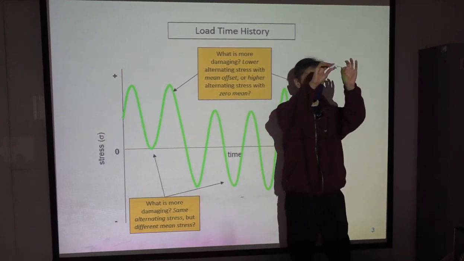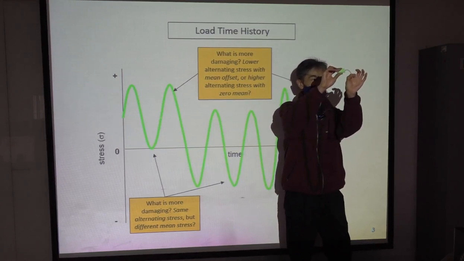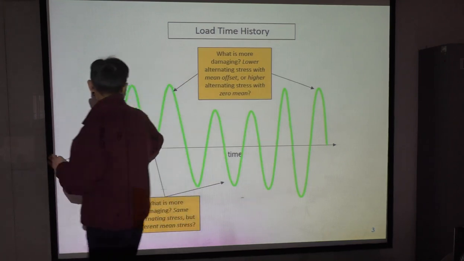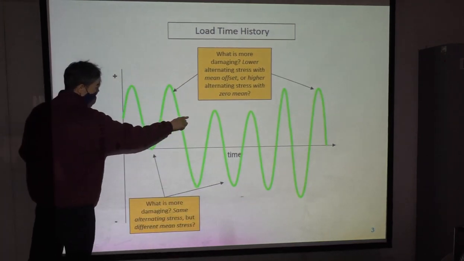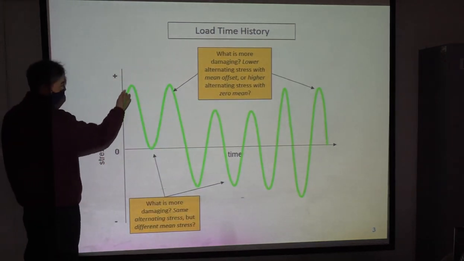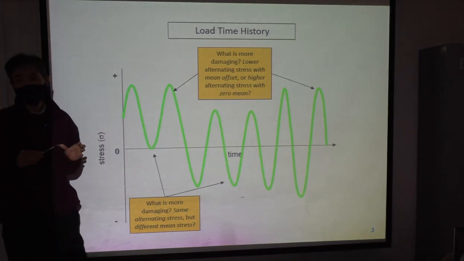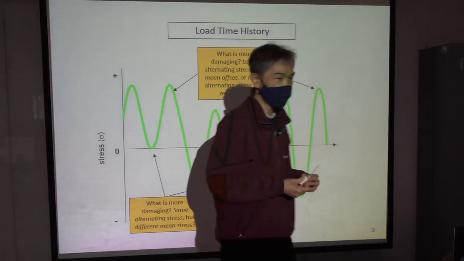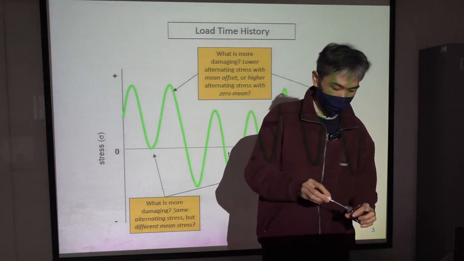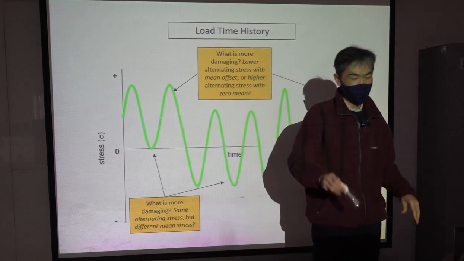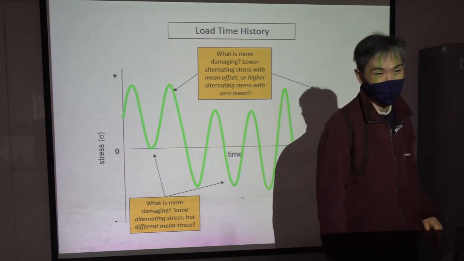But if we have some initial stress, the case looks like this. We have some initial average stress, then we increase, decrease, increase, decrease. So these are the different scenarios we encountered in engineering problems. Next page, please.